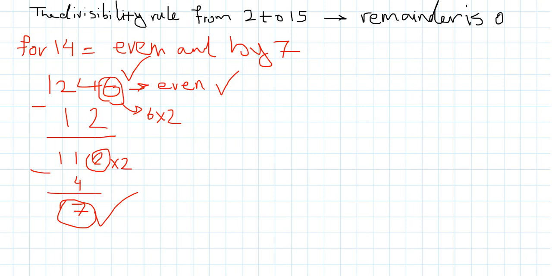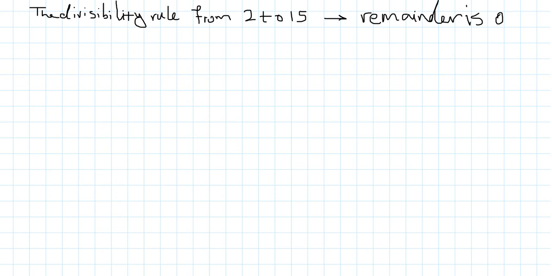Now the divisibility rule for 15. A number can be divided by 15 if it can be divided by 3 and 5. It means the number finishes with 0 or 5, and the sum of the digits can be divided by 3. So it should be divisible by both 3 and 5. So let's check this number, 1440.